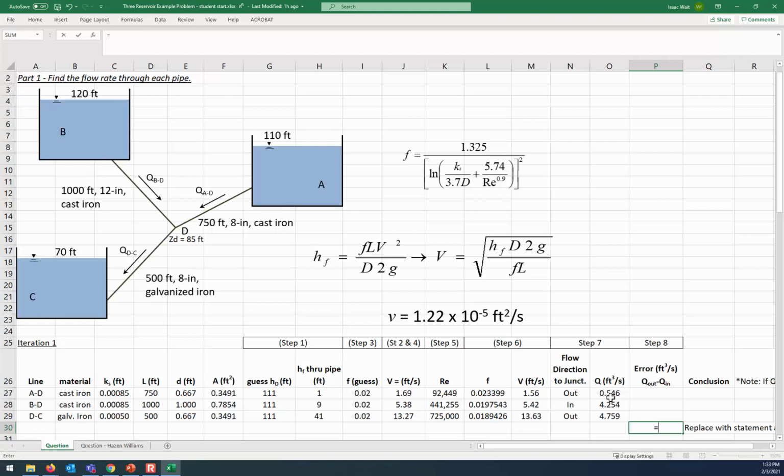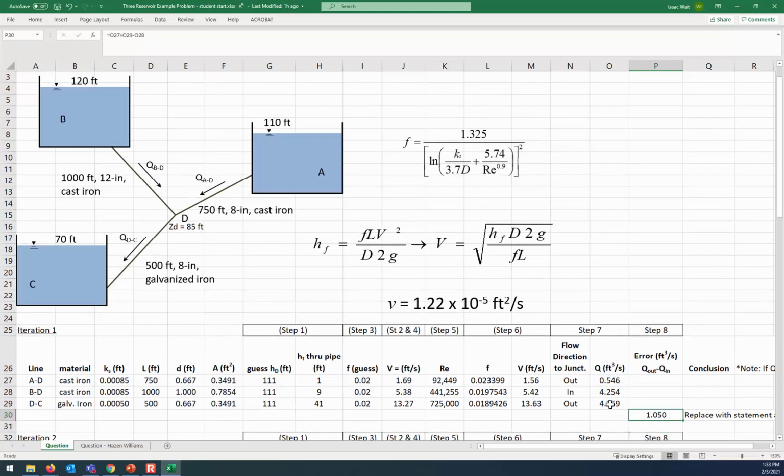So it is this one and that one minus the in. We have more flow going out than going in. You can just look at it: 4.7 plus 0.5. So there's more water going out of the junction than is coming into the junction.